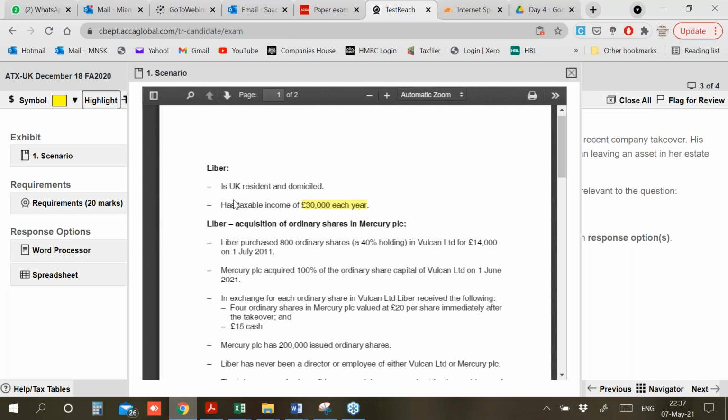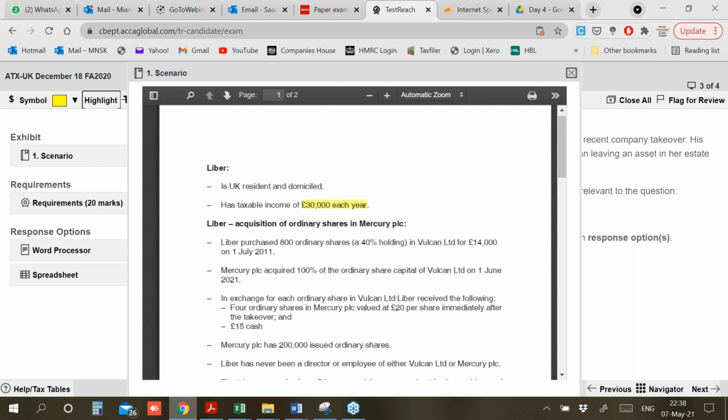Taxable income means after deducting the personal allowance, the income that will be subject to tax will be 30,000. So she's a basic rate band payer. Now, any income that will increase his taxable income, a part will be subject to basic rate band and the remaining will be subject to the higher rate band.